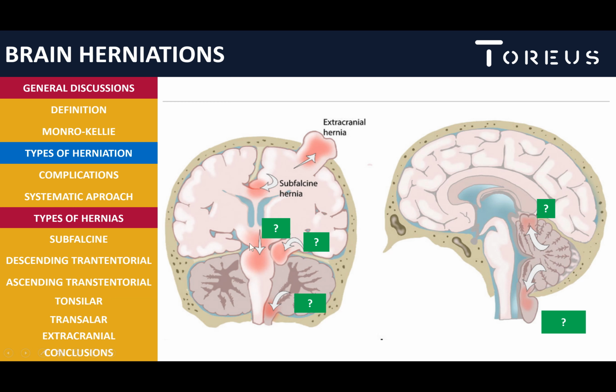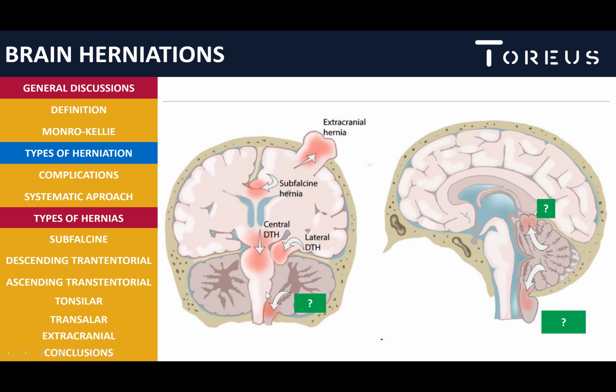The third hernia here is this hernia that is centrally located and is descending, and the reference here is the tentorium of the cerebellum. So that is a central descending transtentorial hernia. And that is a lateral descending transtentorial hernia.